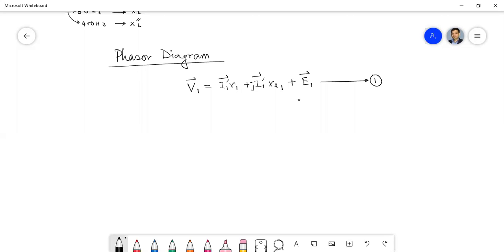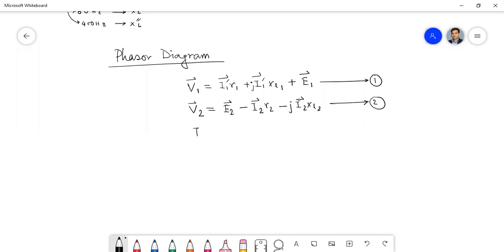This is equation number 1. Now equation number 2, that is E2 minus I2R2. So this is the KVL equation 2.